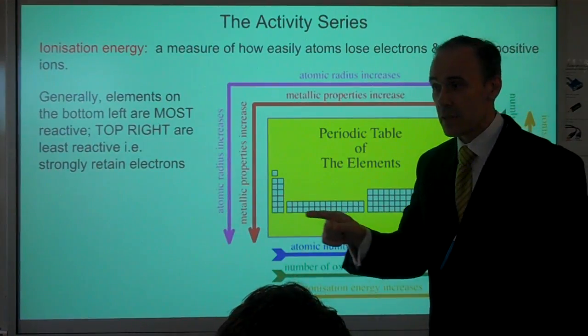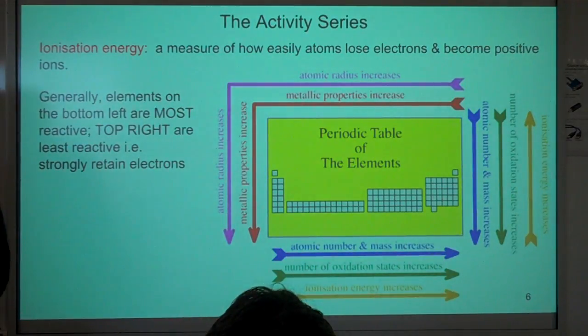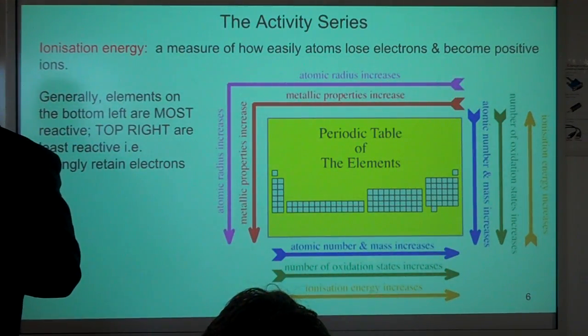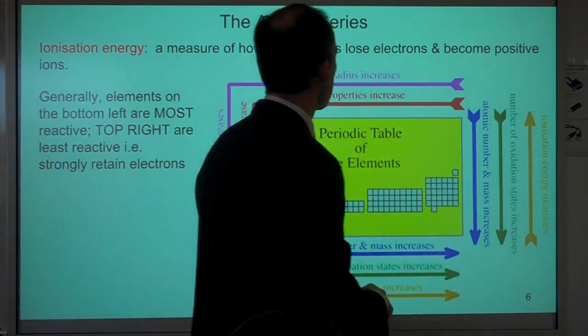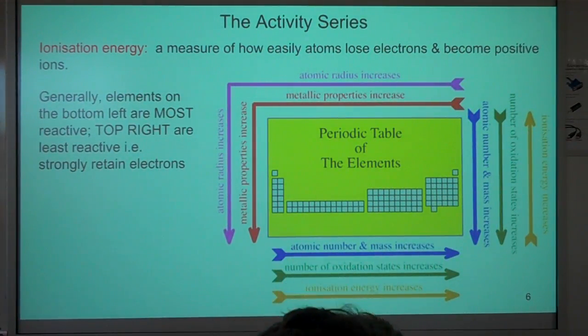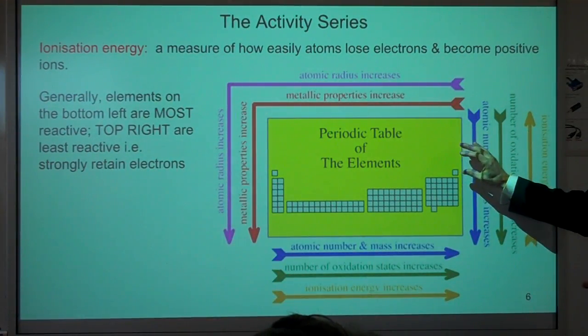On your periodic table, you could write that as well. If you've got your periodic table here, you can put in this corner: lots of energy needed to steal an electron, and in the other corner, a little bit of energy needed to steal an electron. So, top right, high ionisation energy.